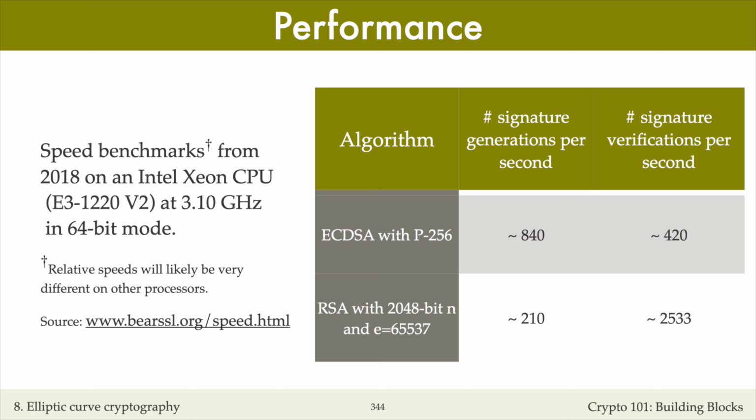Taking these speed comparisons into account, and also the smaller parameters for ECC, and the provision of forward secrecy with ECDH, ECC is generally considered to be superior to RSA. And this is why most new applications in the past few years have been adopting ECC instead of RSA.